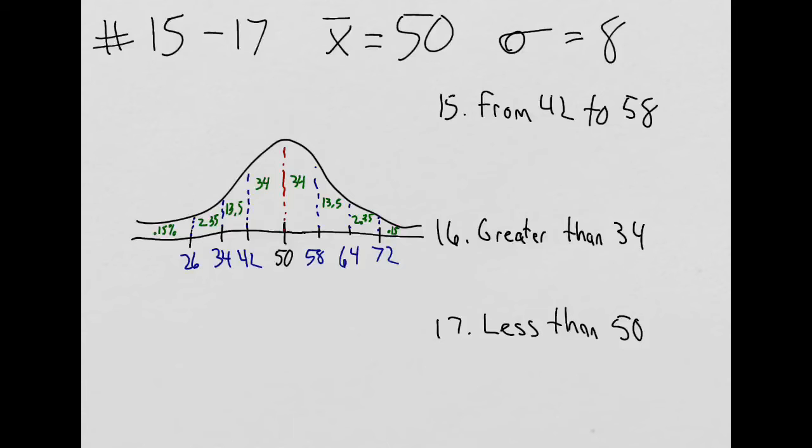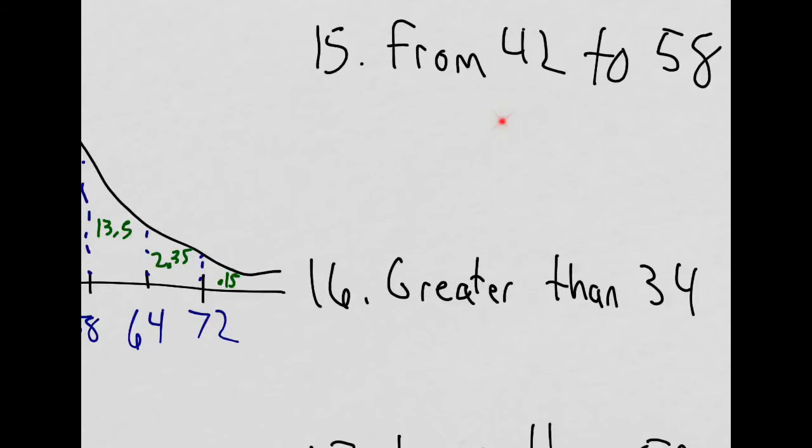So all we really need to do is add up the two probabilities associated with that. If you think about the rule we just talked about, that's one standard deviation above and below. So you add the 34 for one standard deviation below and the 34 for one above, and that adds up to 68.